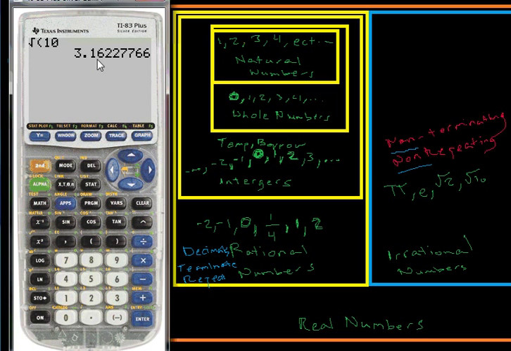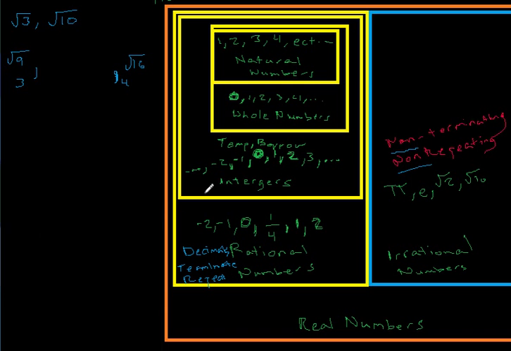Therefore, my decimals are not repeating because they are not the same, and they are not terminating. Therefore, this is not a rational number, it is irrational. Therefore, the square roots of 3 and 10 are irrational.